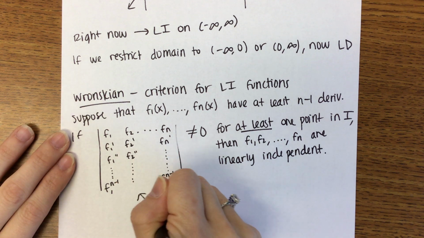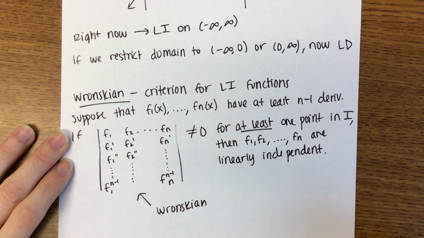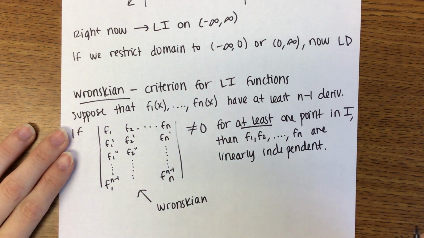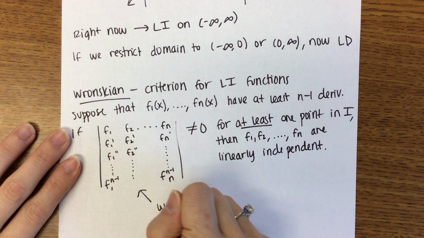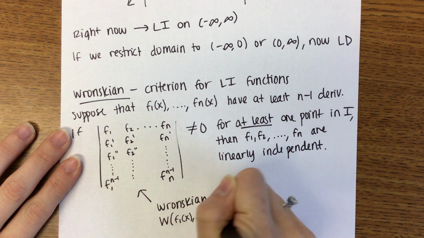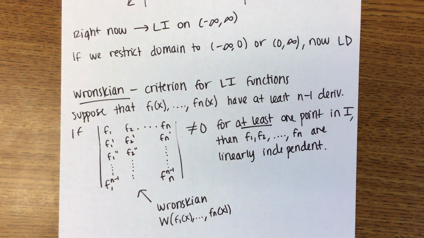This determinant is called the Wronskian. The notation for a Wronskian is the W, and then f1 of x all the way up to fn of x.